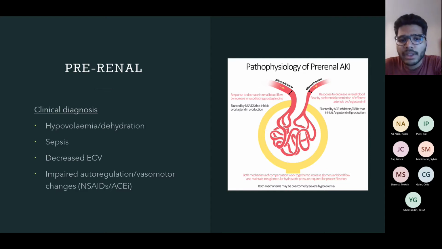Does anybody know any times where we actually give people ACE inhibitors or ARBs when they have kidney disease? So generally, acutely, we avoid them because they can cause an acute reduction in GFR. But there are times where we do give them. Yeah, exactly, Nadia.